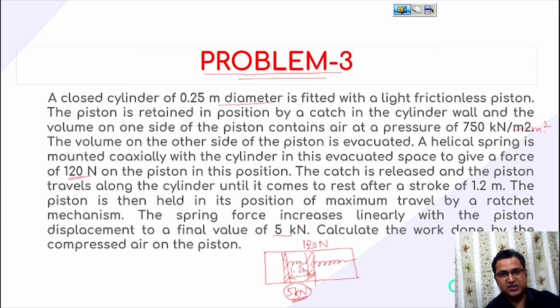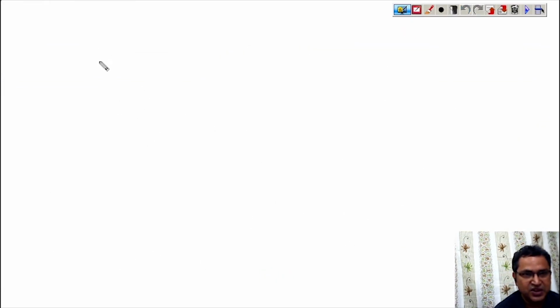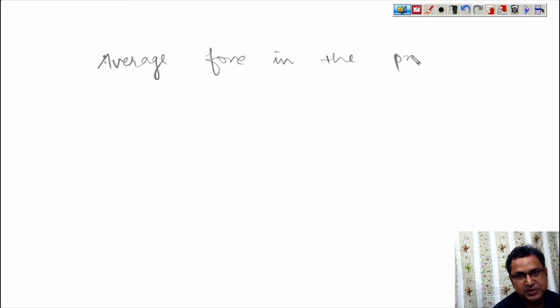So for linear variation we can consider the average. So the average force in this process is 120 Newton plus 5000, that is 5 kilonewton, divided by 2. This much amount of force is there.